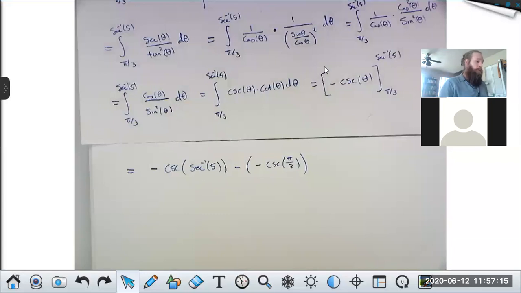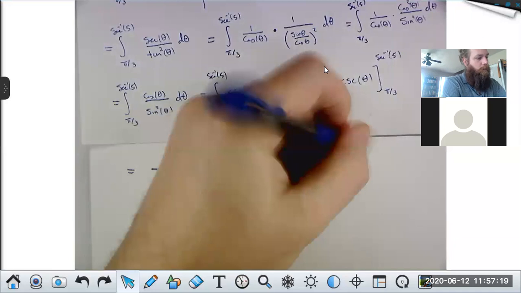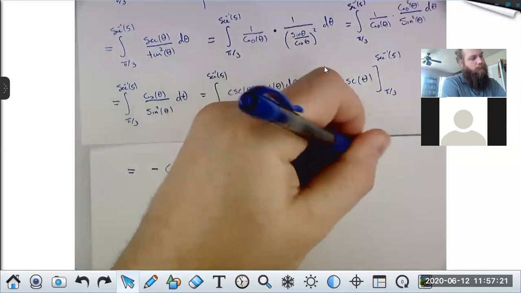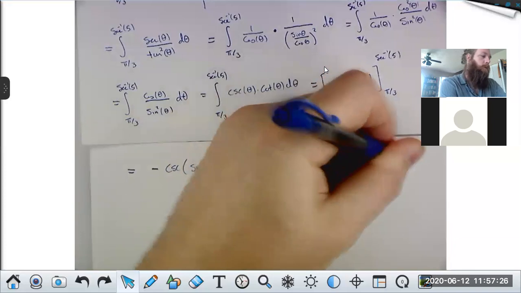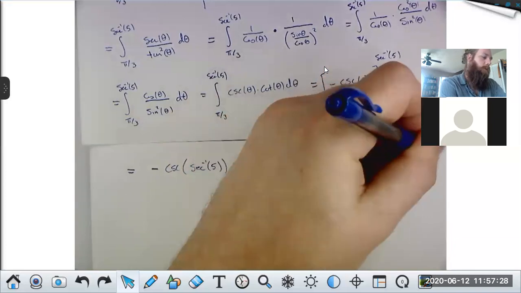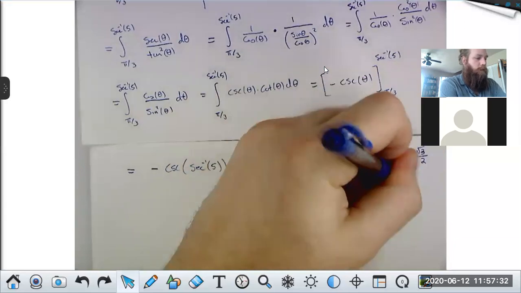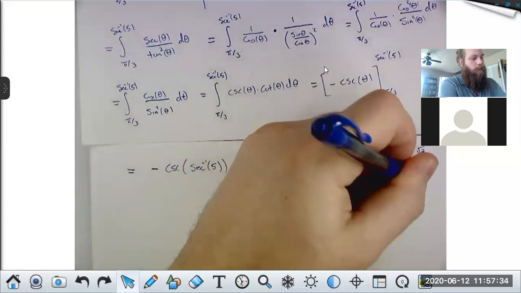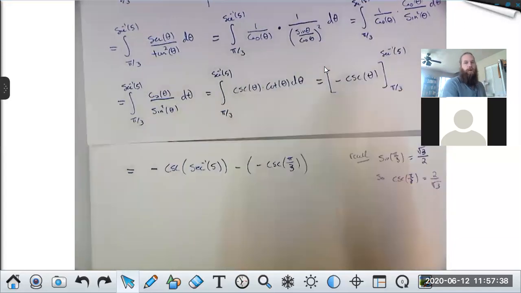Cosecant is the reciprocal of sine. Recall the sine of pi over 3, that's root 3 over 2. So cosecant of pi over 3 is 2 over the square root of 3. Cosecant's the reciprocal of sine.